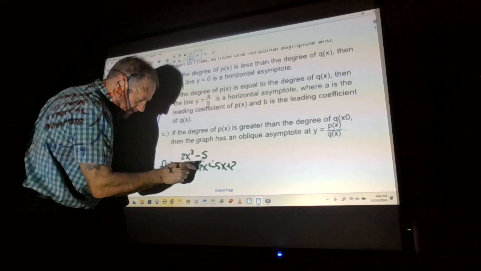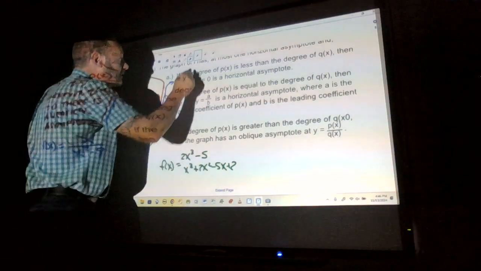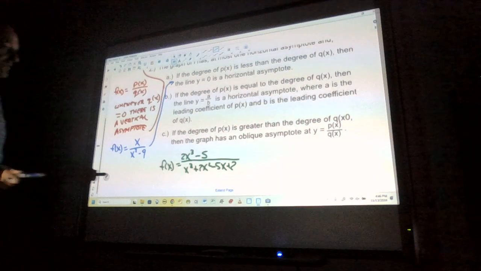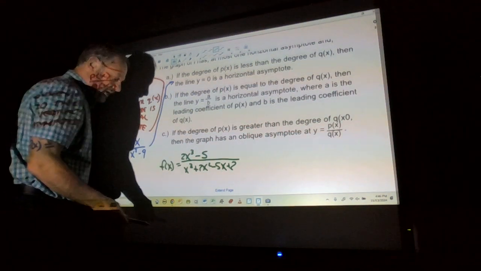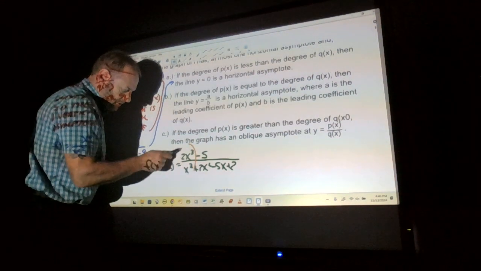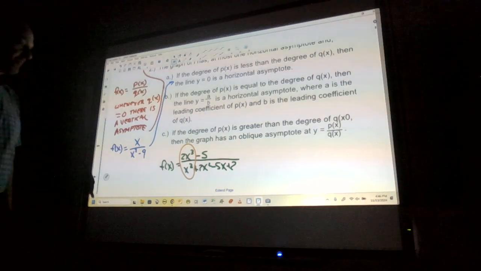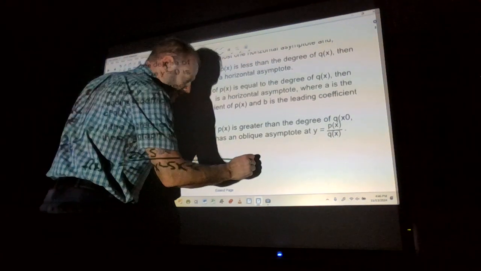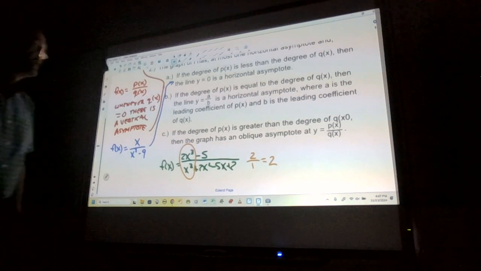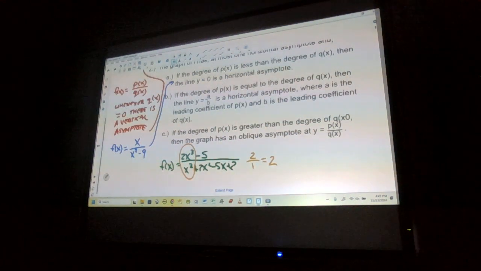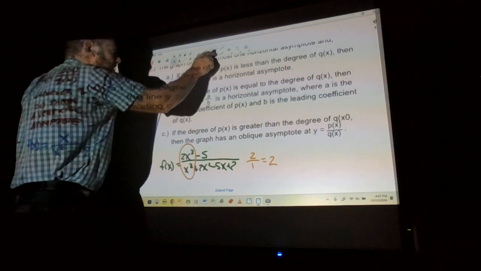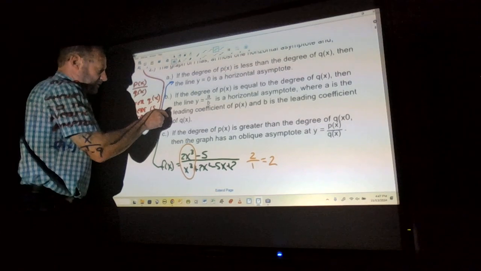That's just terrible looking, isn't it? These have the same degree, so what I do is I take the two leading coefficients and I divide them. So that would be 2 over 1, which would be 2, and that tells me that I would have a horizontal asymptote at y equals 2. Okay? So this goes with this one.